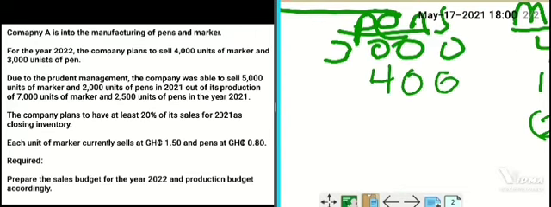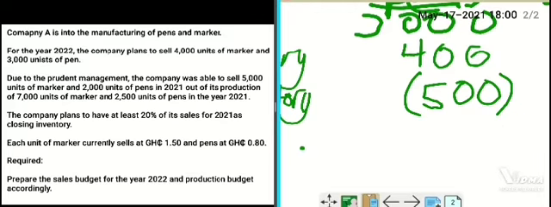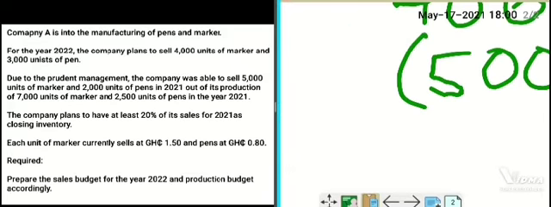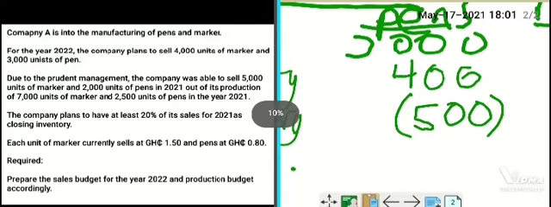For that again, we take the production of 2,500 as given in the question for 2021, and then we less our sales of 2,000. That gives us 500. So we're going to have 500 here. We less this as well. So we are done with computing the production. So we total all of these.